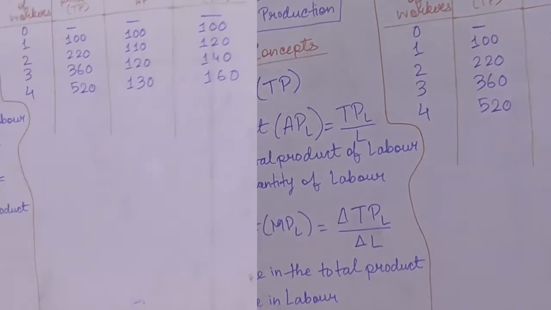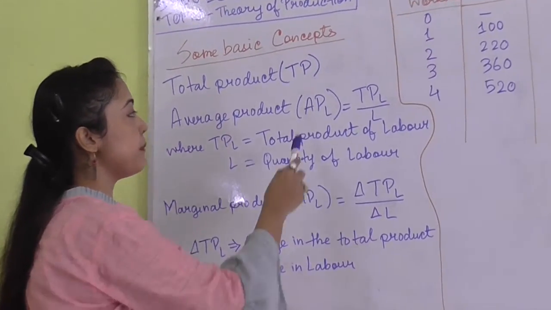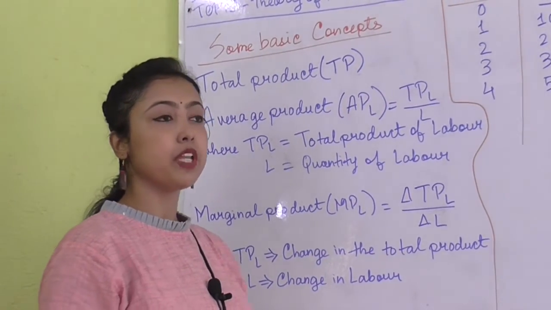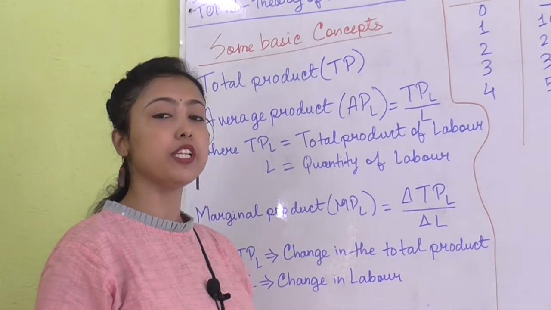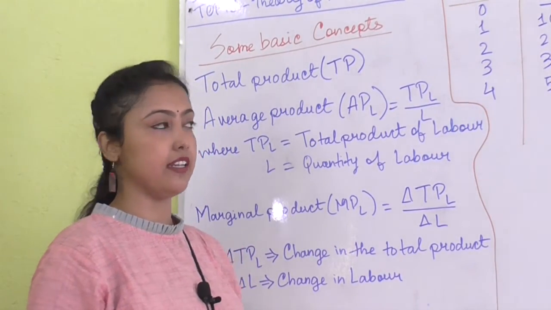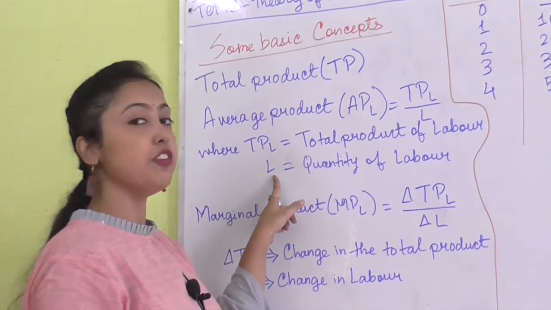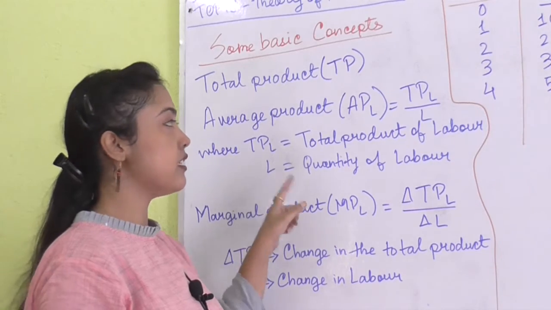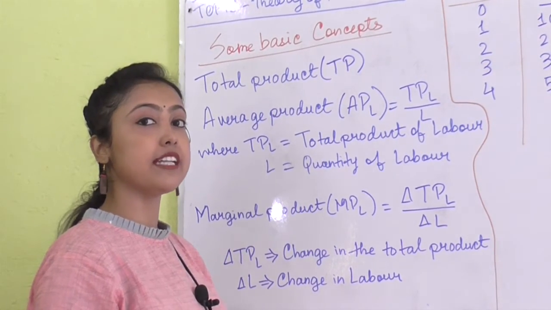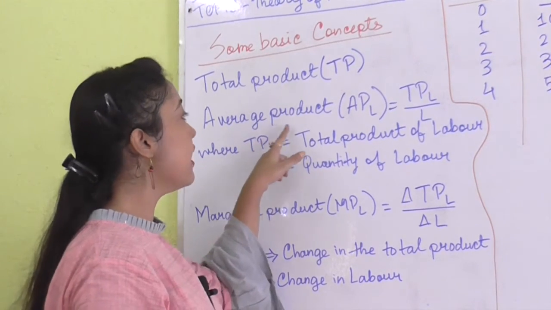Now, the second concept is average product. Average product is represented by APL. Here average product refers to the per unit output produced by the variable factor, and the variable factor is considered as L, which is labor. So, the per unit output produced by the variable factor is known as the average product.